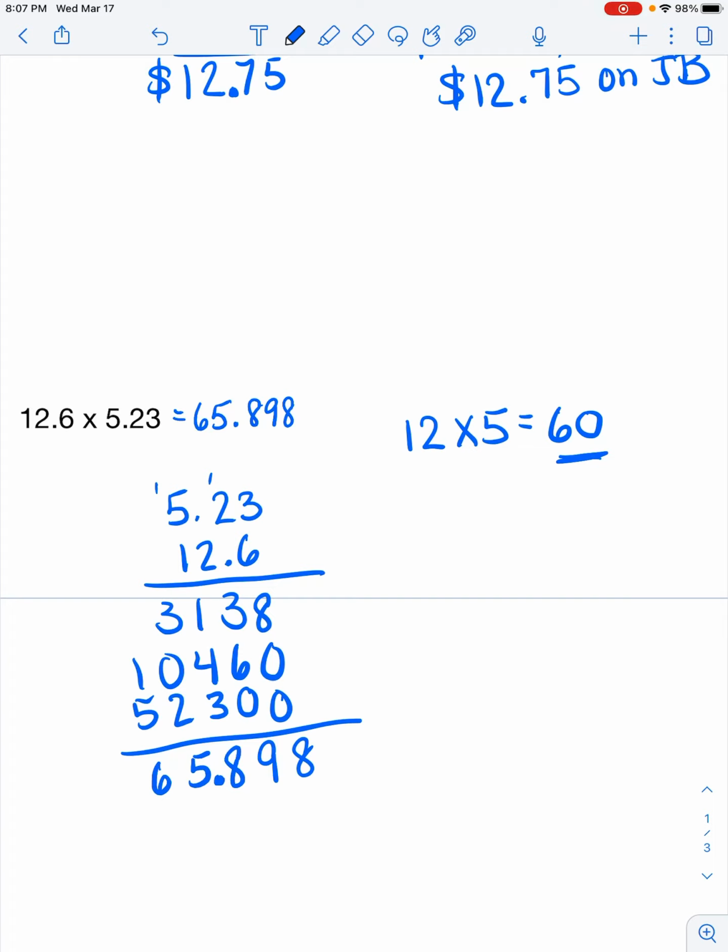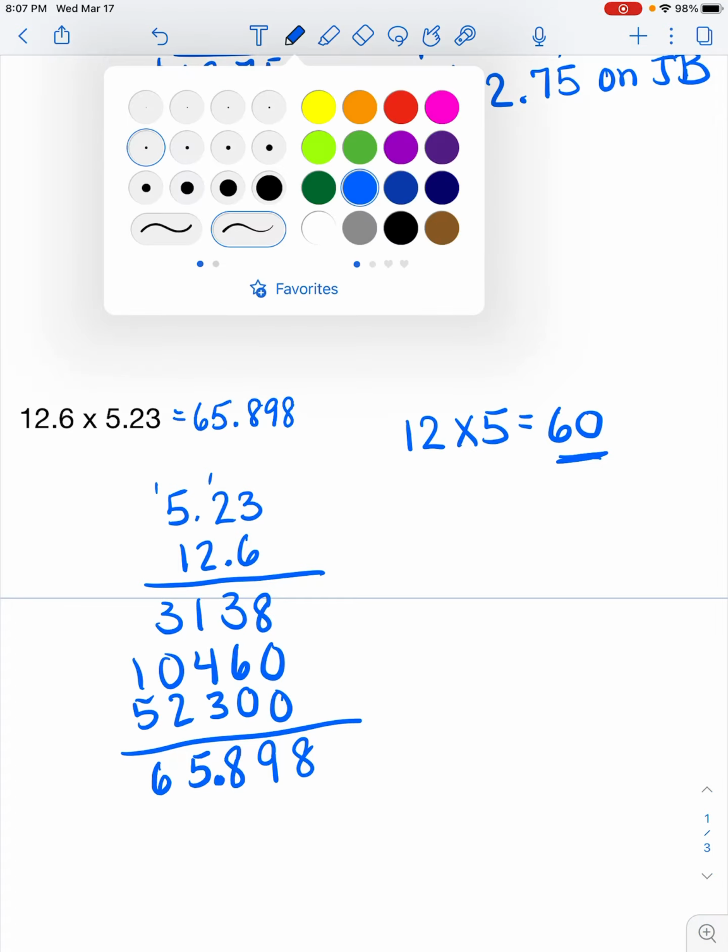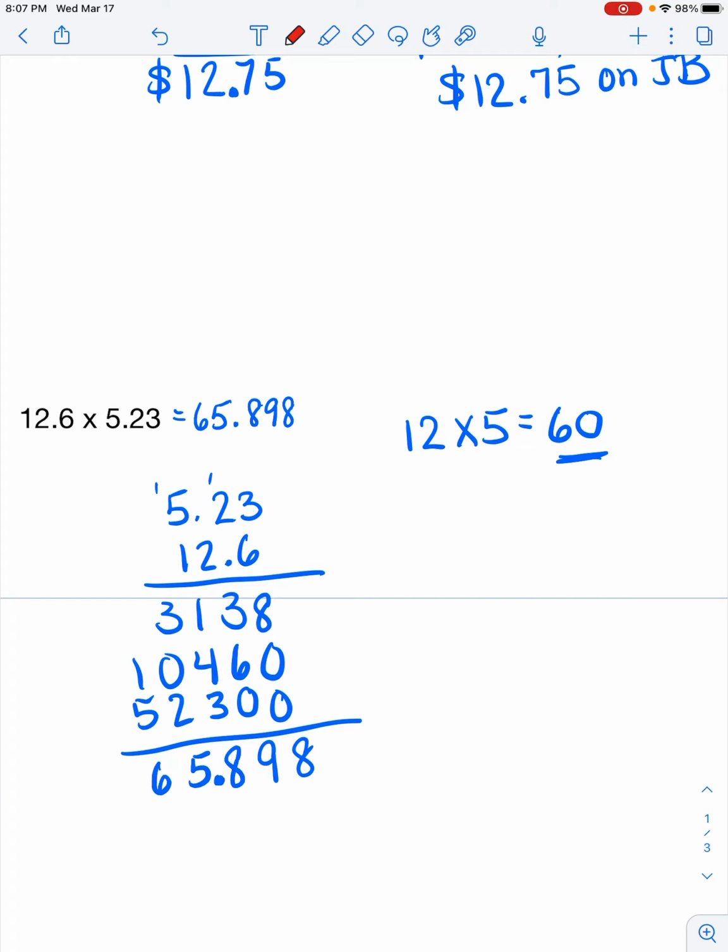Now, in order to check the placement of the decimal point, I don't really do this because for me, if it makes sense, then that's good. But some people do this. Some people sum up the number of decimal places to the right in the factors.